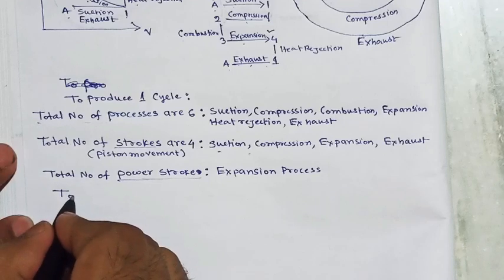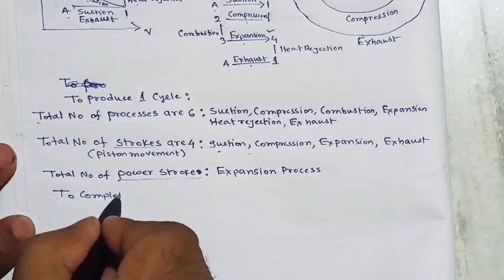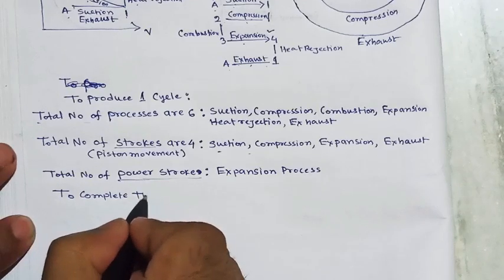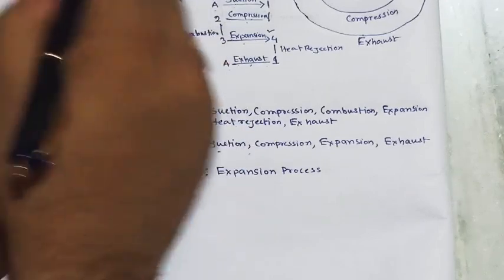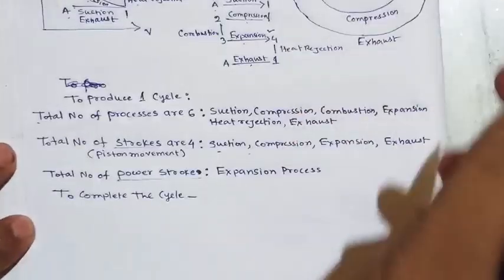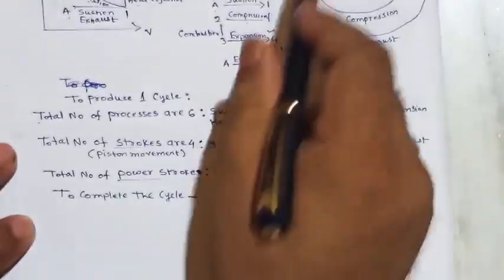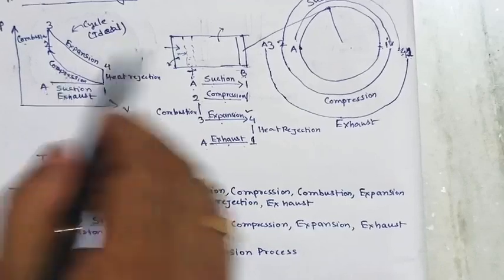Now to complete the cycle, the crank will rotate 2 times. You can see this crank will rotate 2 times to complete this cycle.